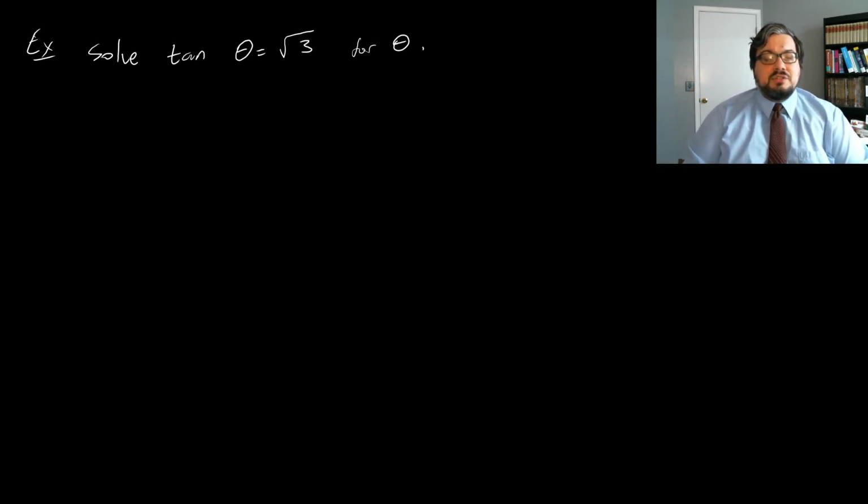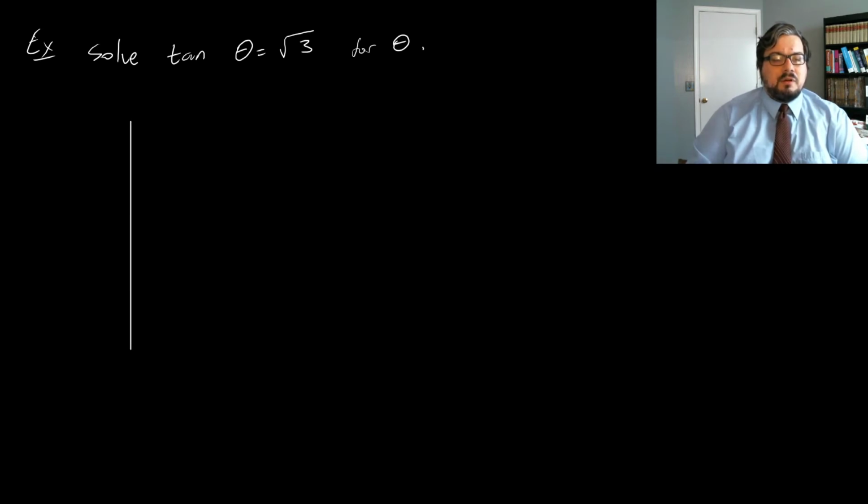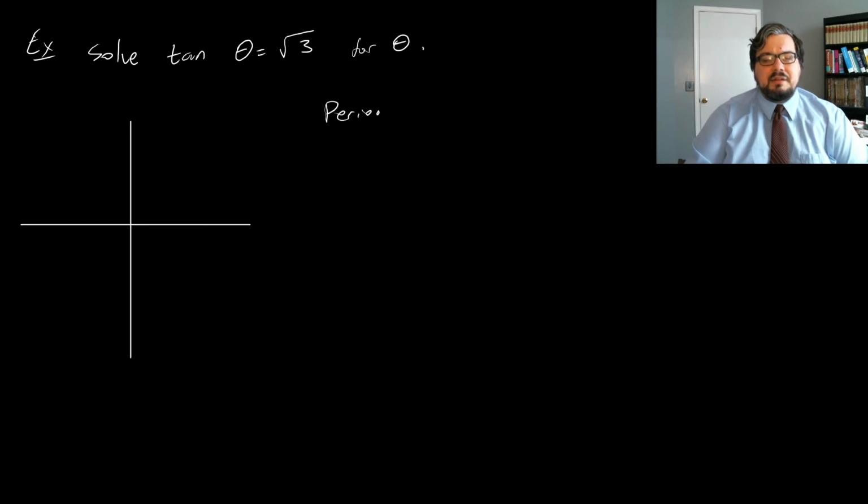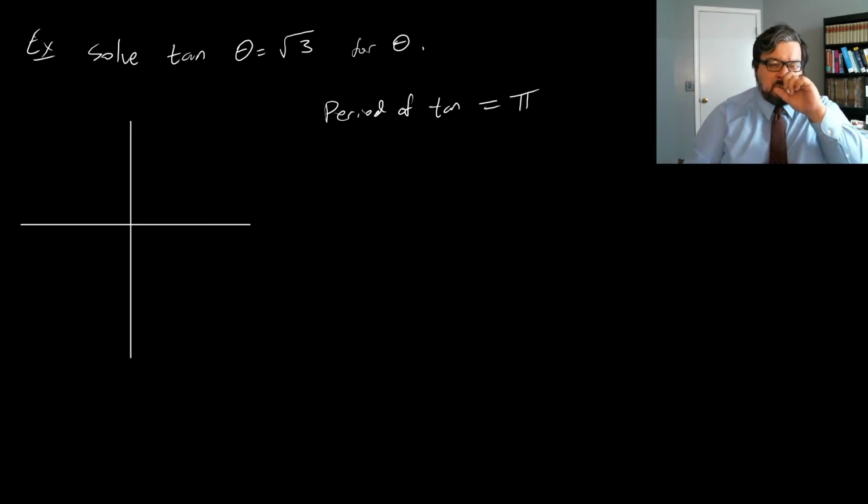We're still going to do the same sort of thing that we did before. We want to find solutions to tangent of theta. However, this time notice that the period of tangent is pi. One of the things that means is that we really only need to look in two quadrants for solutions here.